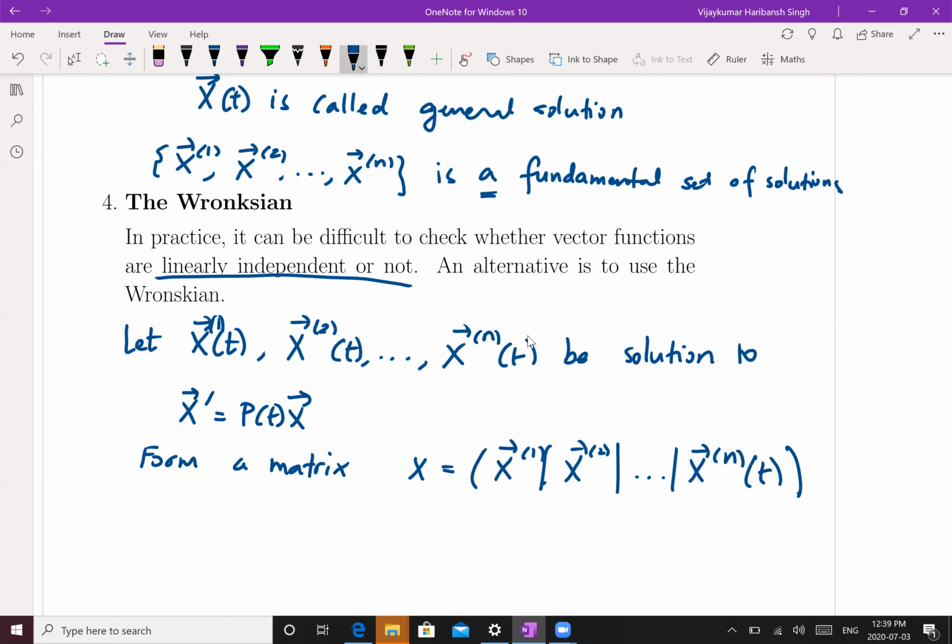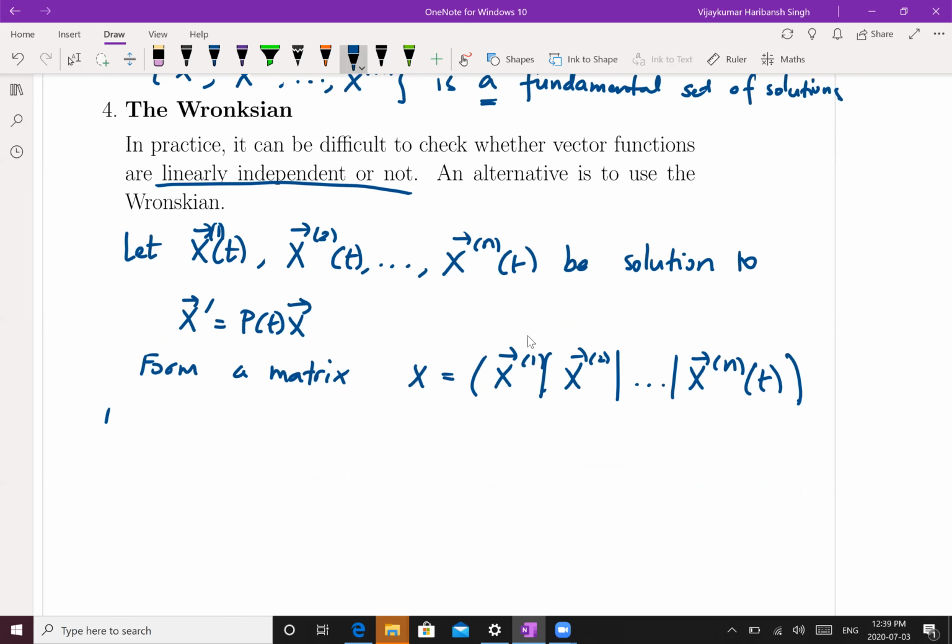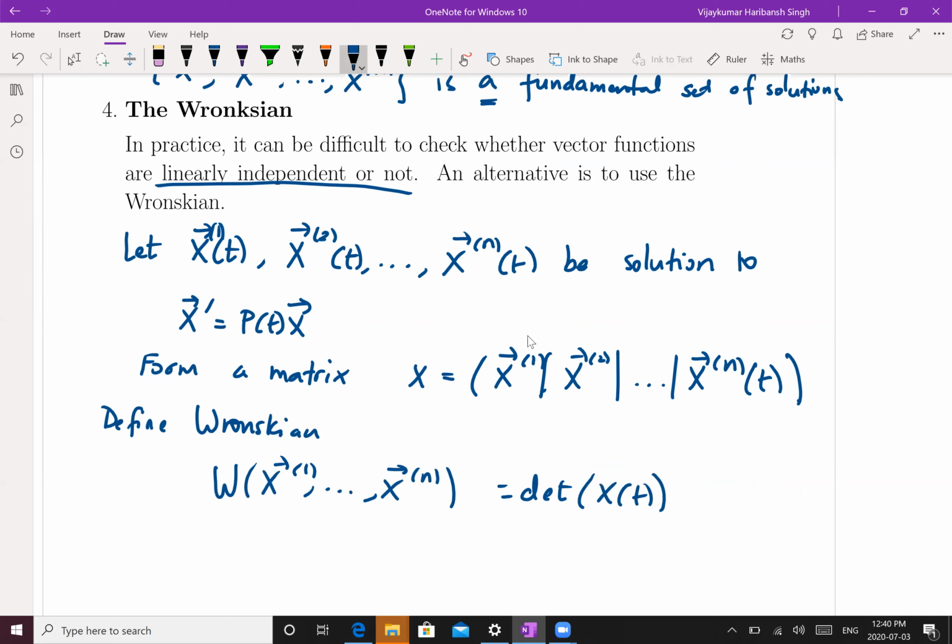Now note that this matrix will be an n cross n matrix. That is important, otherwise you can't define a few things. For example, we define the Wronskian of these solutions to be the determinant of X(t).